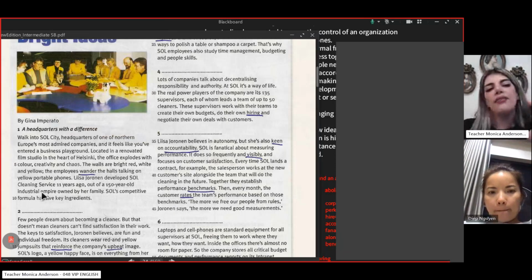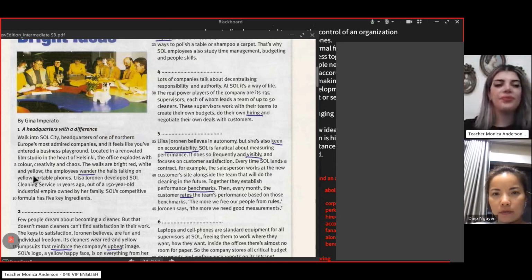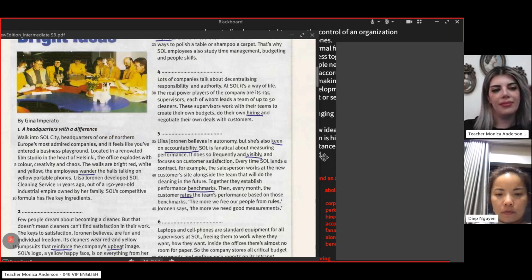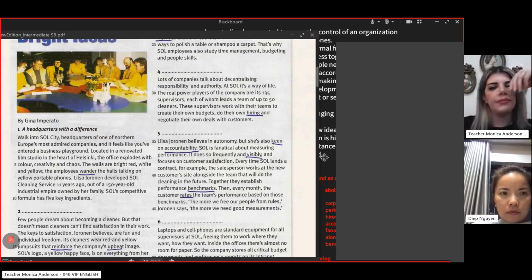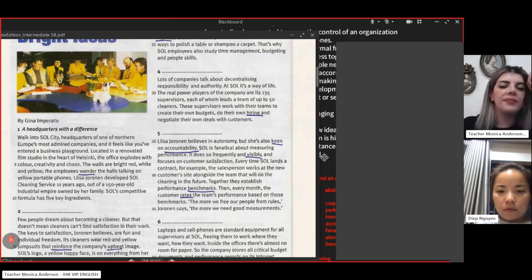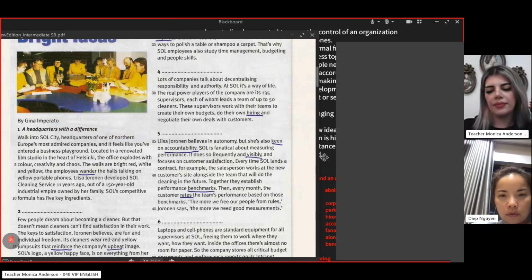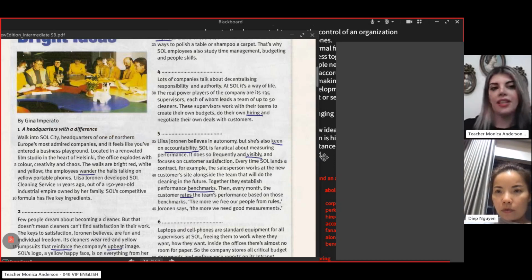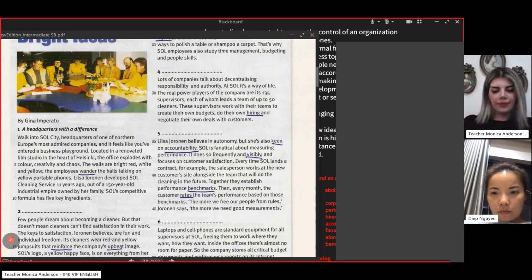So the first paragraph, try to find apostrophe s as possessive. Did you find? Let me help you.